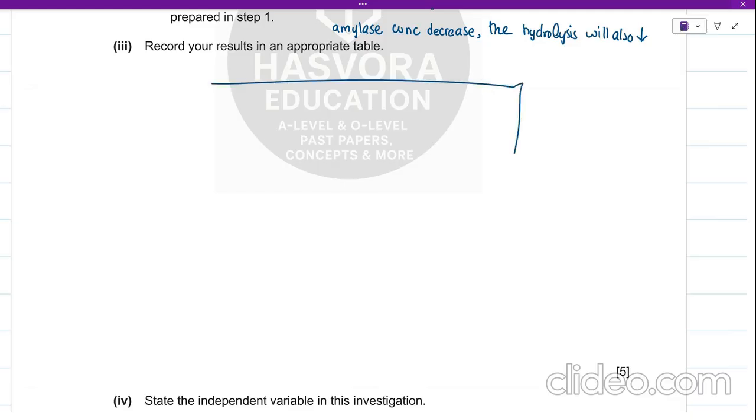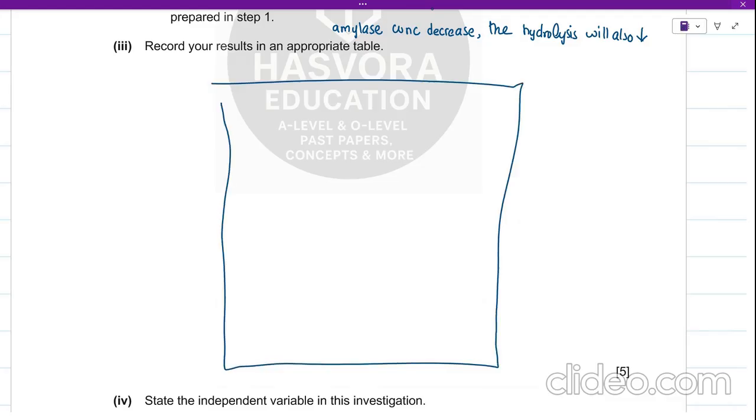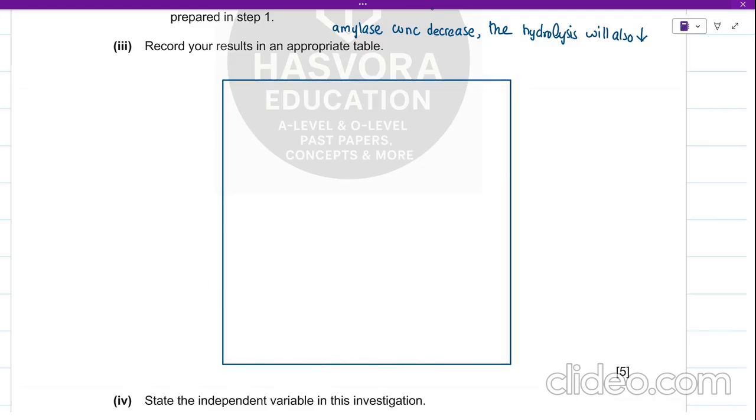So now let's make a table here. So I have made this table. Now let's plot the x and the y axis. In the first column we will say the concentration of E, and its unit is percentage, and then time taken for color change.